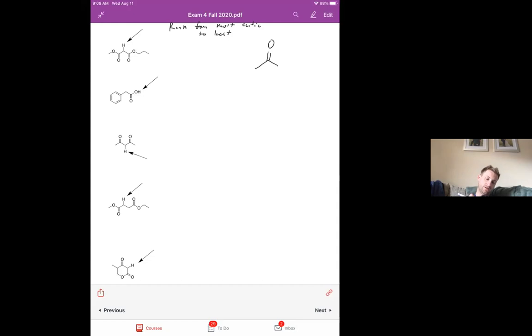So generally speaking, a ketone should have a pKa of around 19. Aldehyde is going to be slightly more acidic. Next, we're going to start getting into things that have two ketones that are adjacent to each other, or esters.